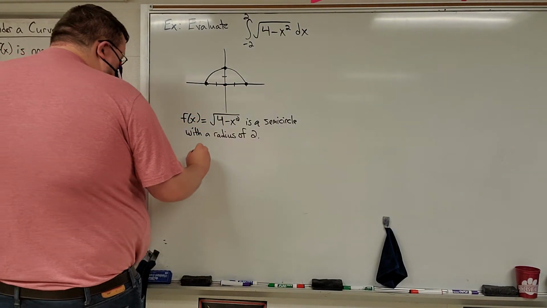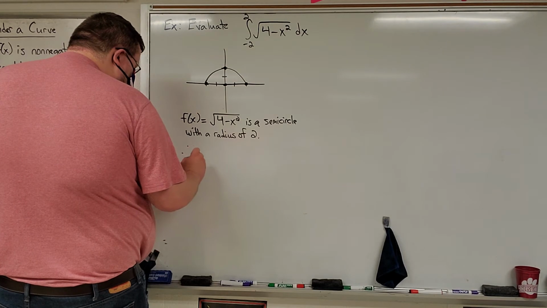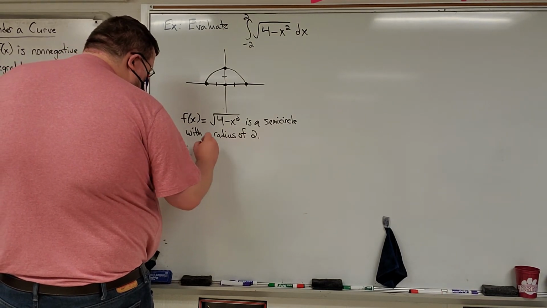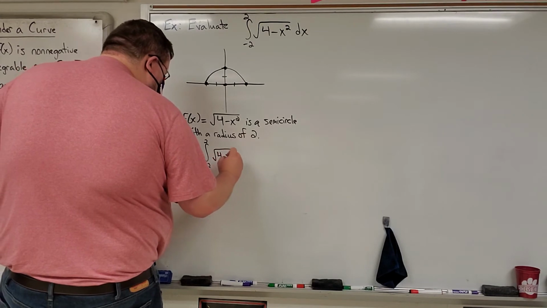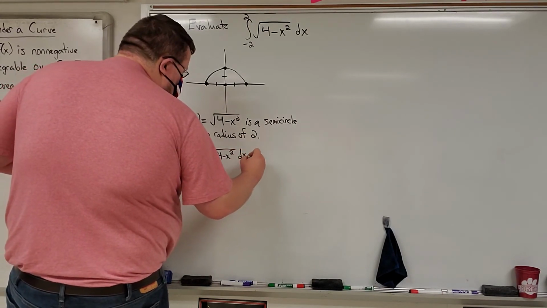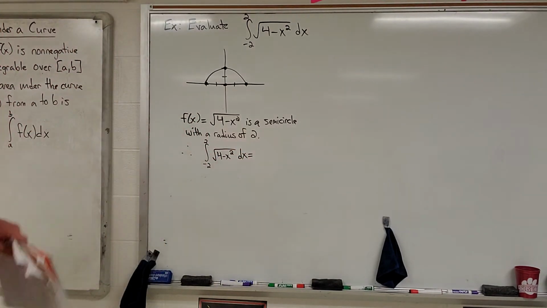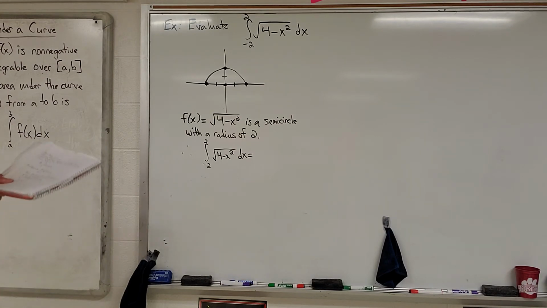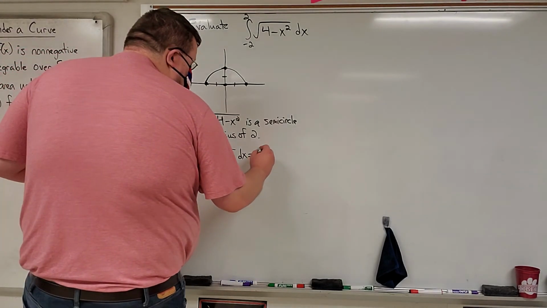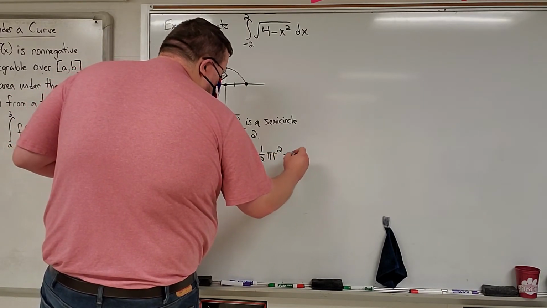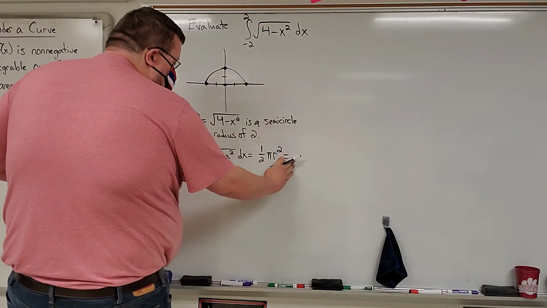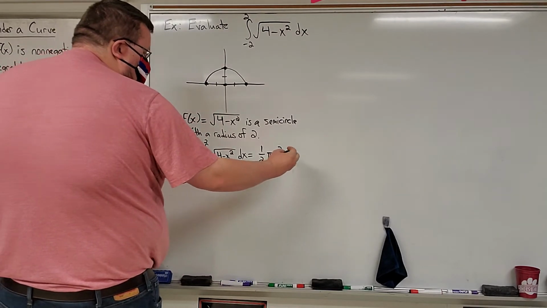So therefore, the integral from -2 to +2 of the square root of 4 minus x squared dx, just from graphing it and seeing that it's a recognizable shape, is equal to 1/2 times pi r squared. Half of the area of a circle formula.